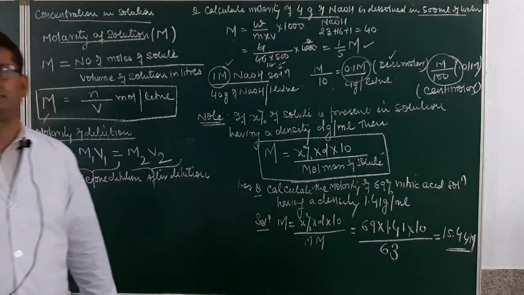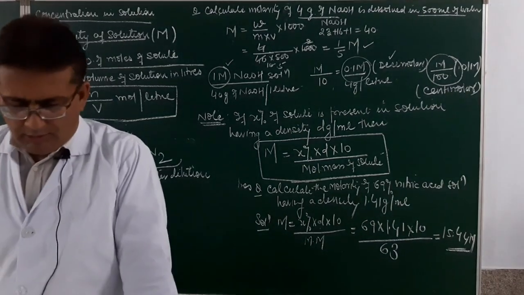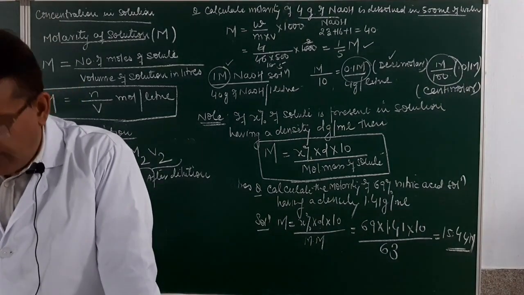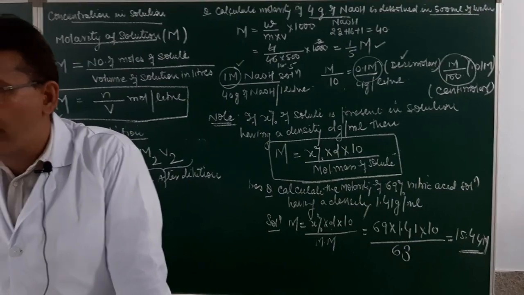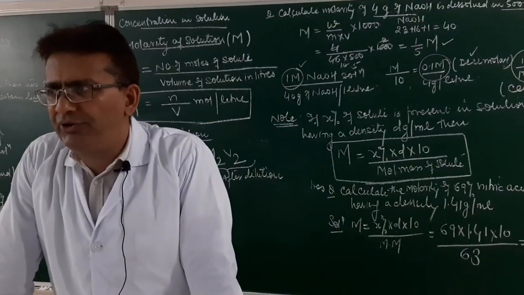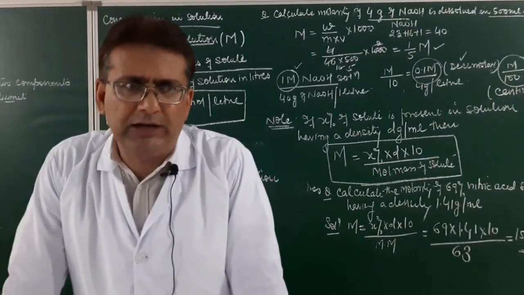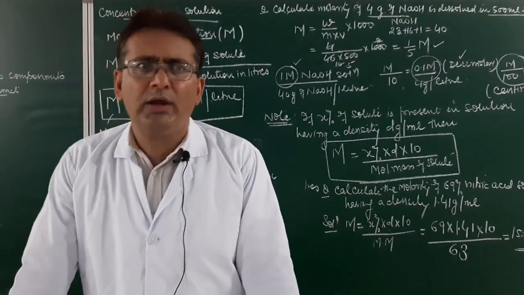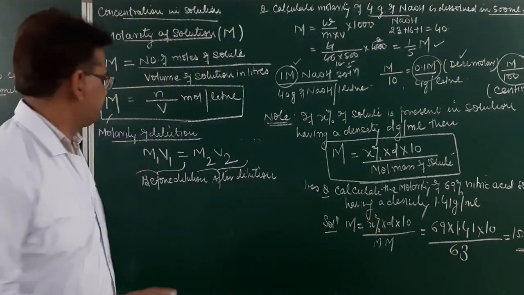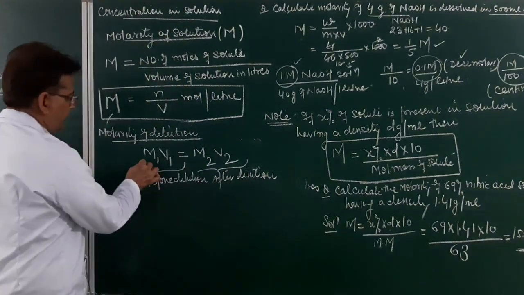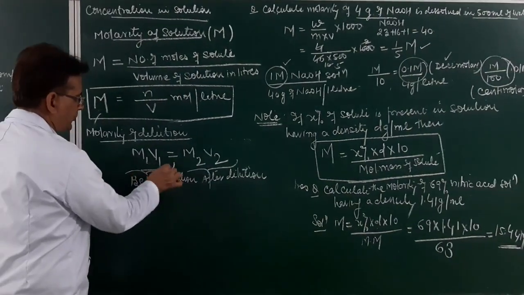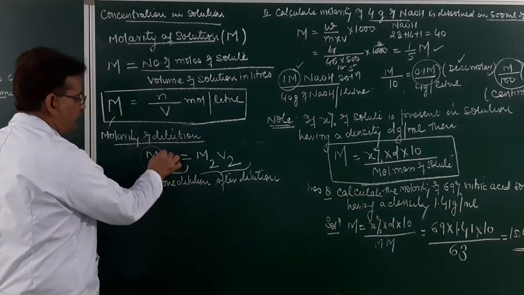Suppose in the laboratory we are provided with a certain strength solution of HCl. Let me say I have got over here 18 molar HCl solution. Suppose, what do I mean by this? A molar solution will be given.